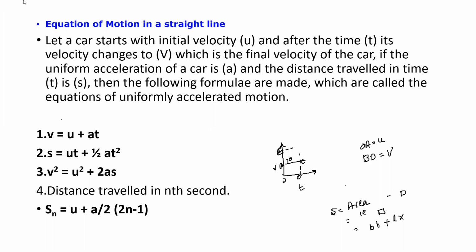To derive the third equation, in some books you can see they use the area of trapezium. In some books you can see the previous derivation only, we just change the substitution part.